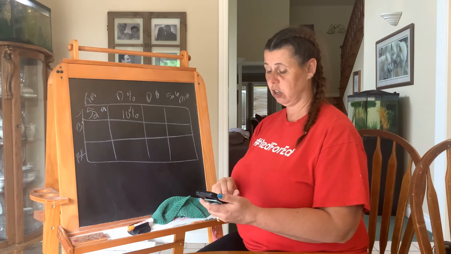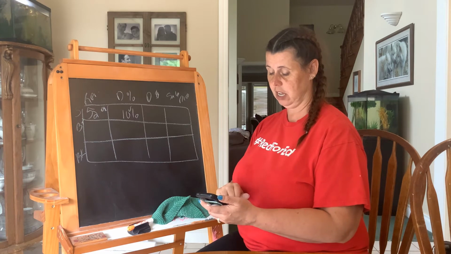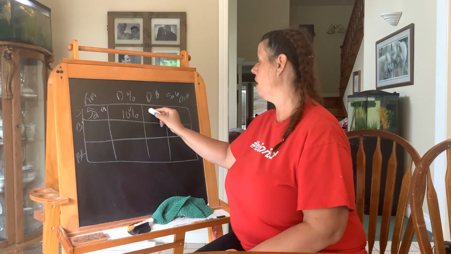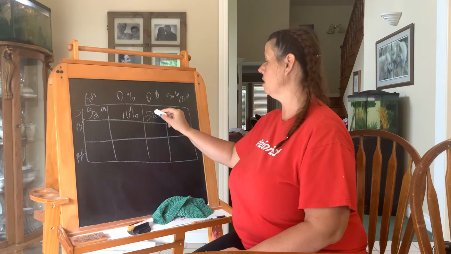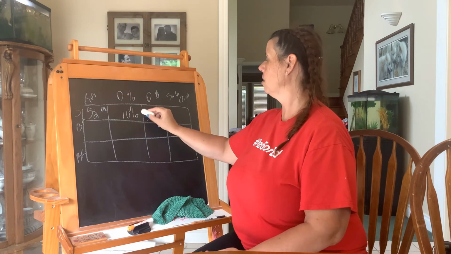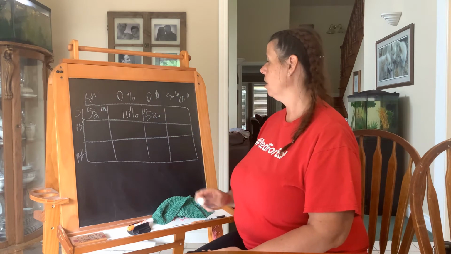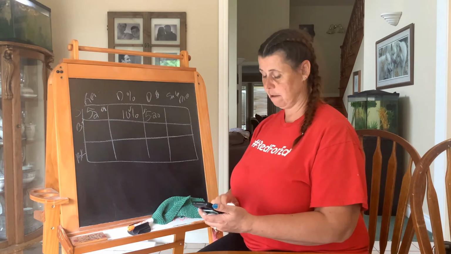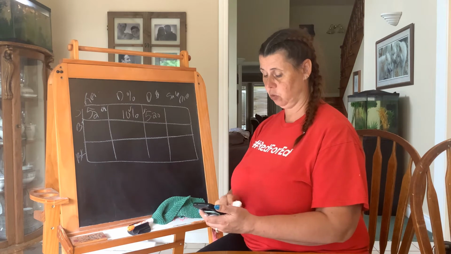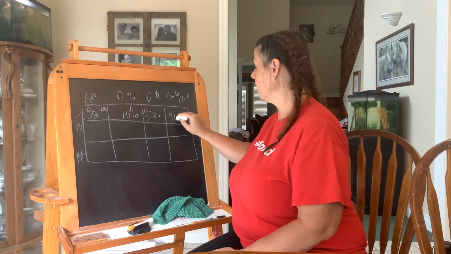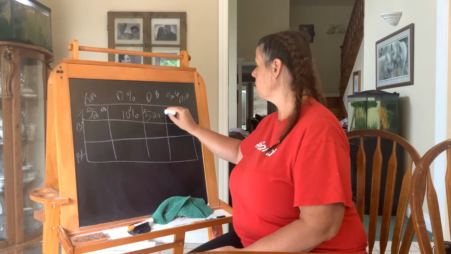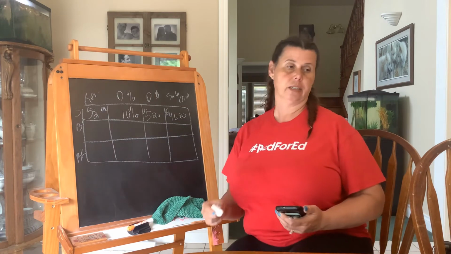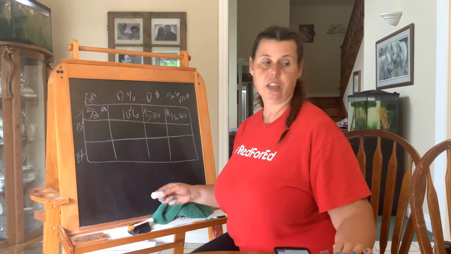So $52 times 10% is $5.20 in dollars, remember. Now, the sale price is 52, the original price, minus $5.20. So I'm going to get that sweater for $46.80.